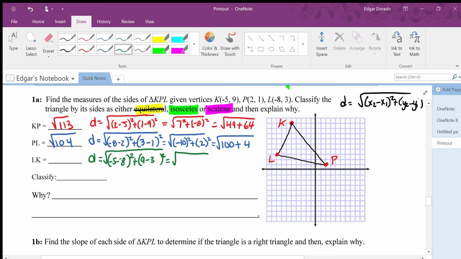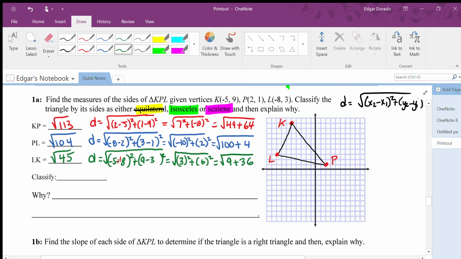All right, negative 5 minus a negative 8. Remember, this turns into a plus here. So this is really going to be a positive 3 squared plus 9 minus 3 is 6, so 6 squared. And then I just go ahead and calculate. What's 3 squared? That's 9. 6 squared is 36. And if I add those up, this comes out to be 45.